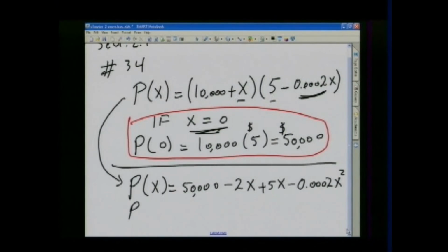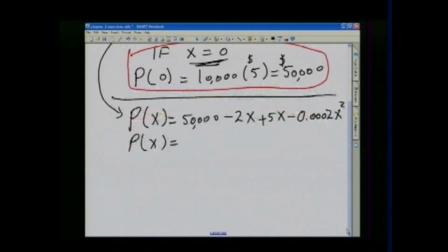Therefore, profit is equal to, let me write the one with the highest power first, minus 0.0002X squared. Here I have minus 2X and plus 5X. That would give me plus 3X plus 50,000.